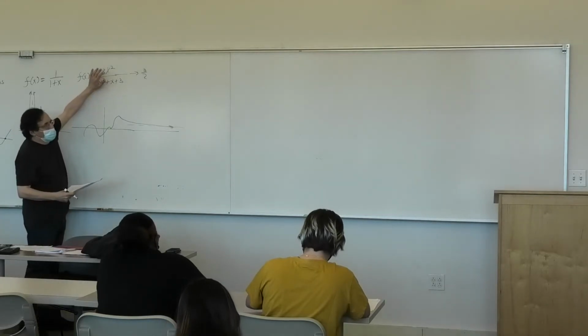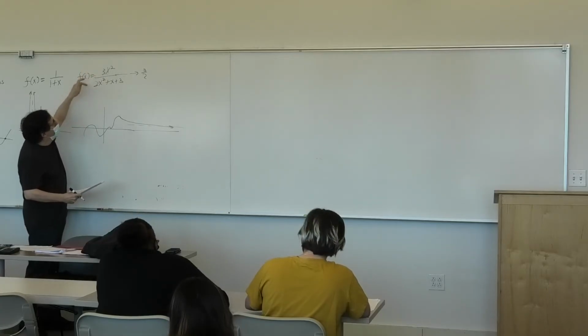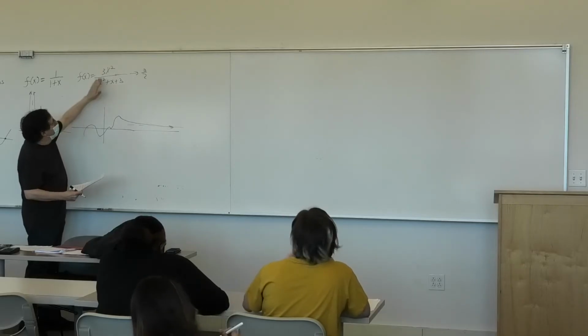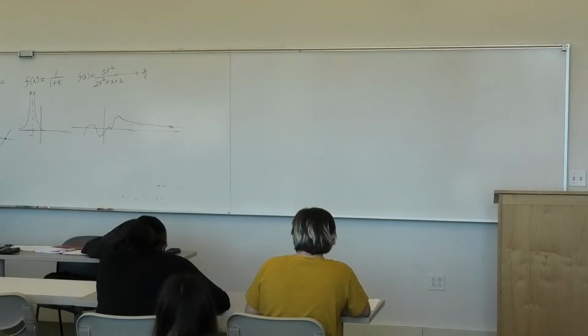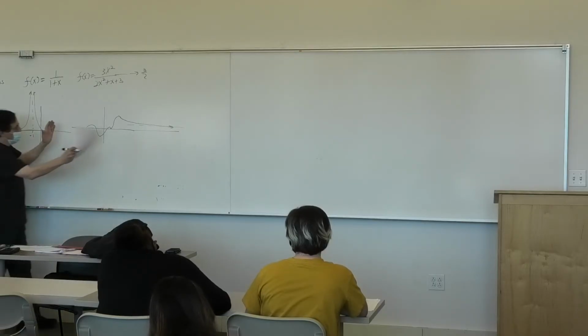If you don't have this situation where the degrees are the same, well, if you have a higher degree in the denominator, it's going to act like a polynomial when you get far away from 0.